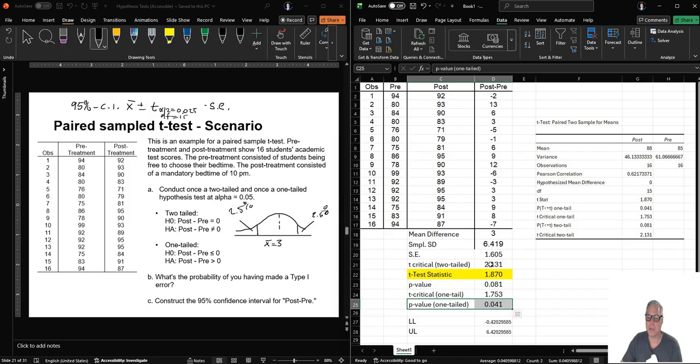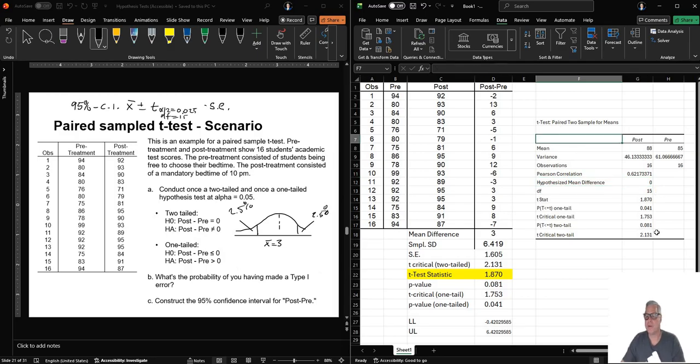Well, the 2.131 we have here. Then what's the probability of a two-tail test? Well, that's the 8.1%, which you see here. And Excel also tells you the degrees of freedom, and by default, if you don't click anything, it tests whether the difference between post and pre is actually 0. Okay, so I hope that is clear. And so now you know what Excel is actually doing.